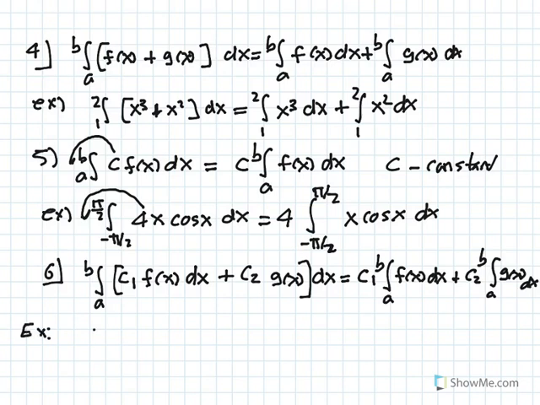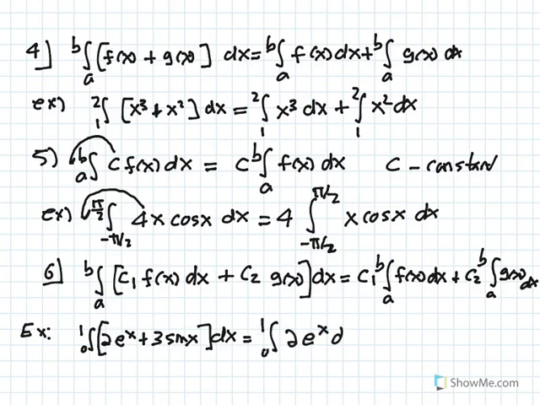What we have is the integral from 0 to 1 of 2e to the x plus 3 sine x dx. That's going to be equal to the integral from 0 to 1 of 2e to the x dx plus the integral from 0 to 1 of 3 sine x dx.